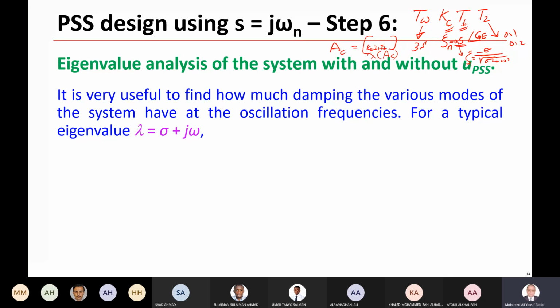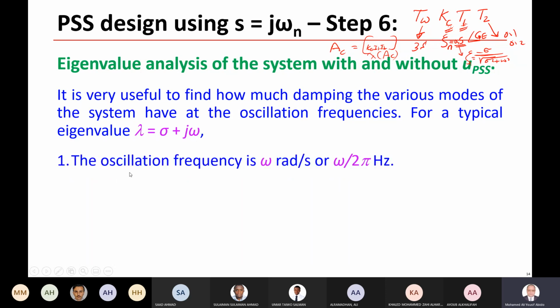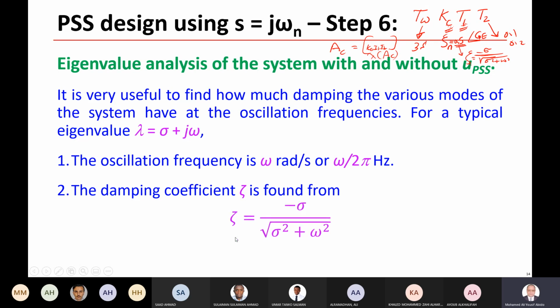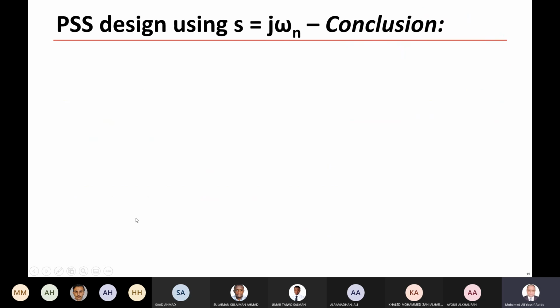You check whether it satisfies your requirements or not. The oscillation frequency equals this. The damping coefficient is found from this. You can find the eigenvalues, and you can get zeta equal to minus sigma over square root of sigma square plus omega square, and you can compare this zeta with the design specification and see how close you are.